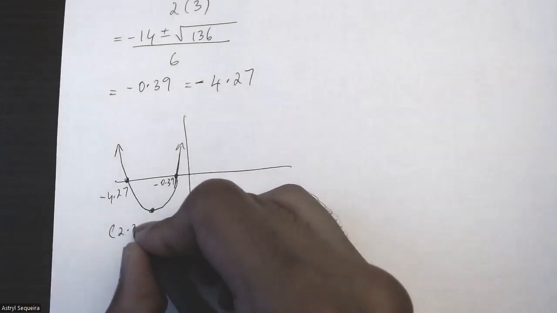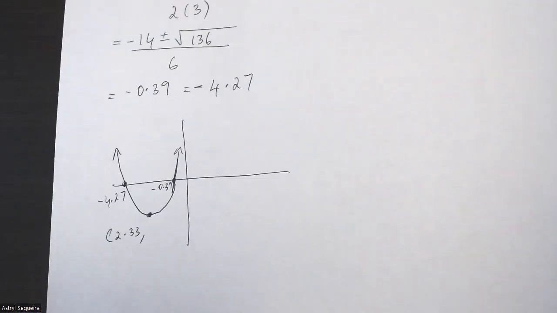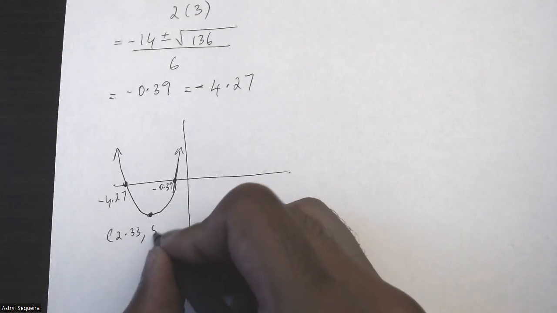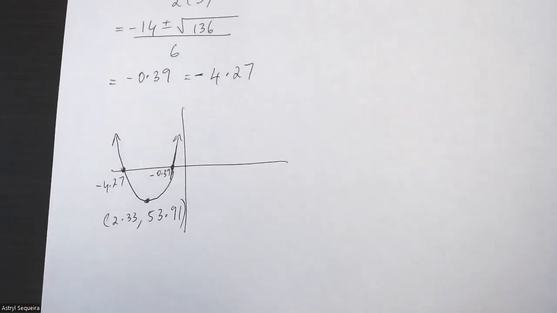It's 2.33, and to find the y value, I'm going to sub 2.33 back into the original equation. I get approximately 53.91 if I round to 2 decimal places.